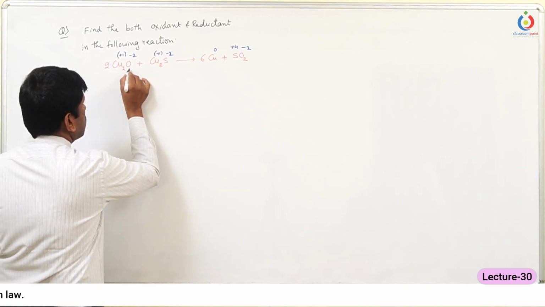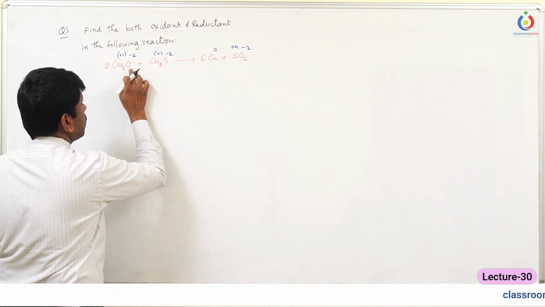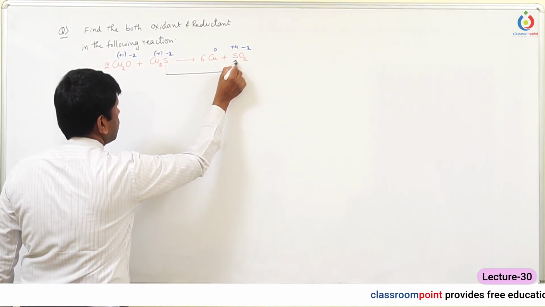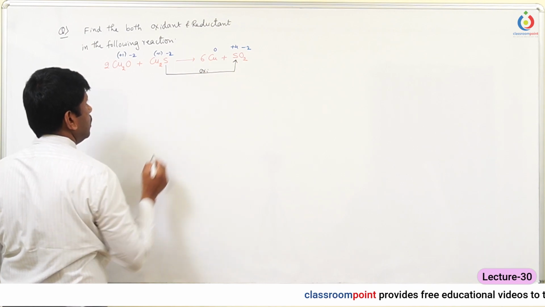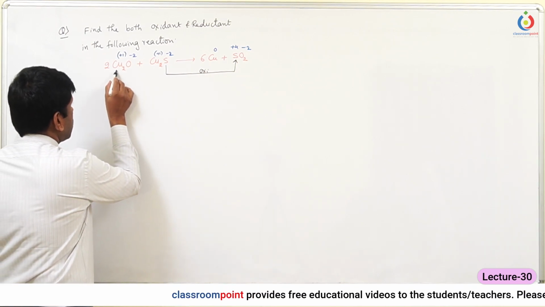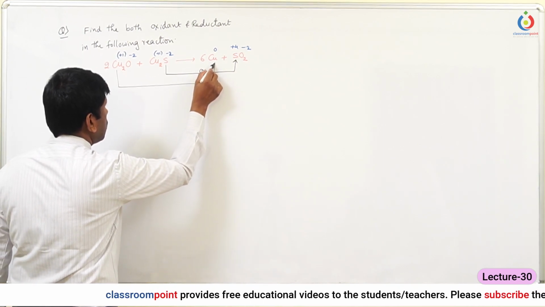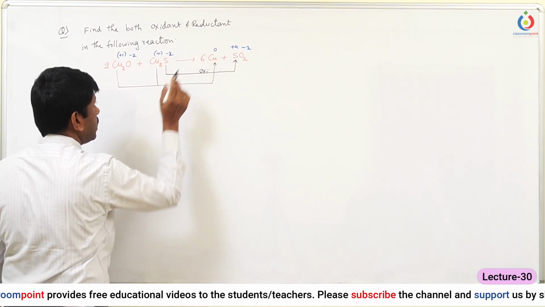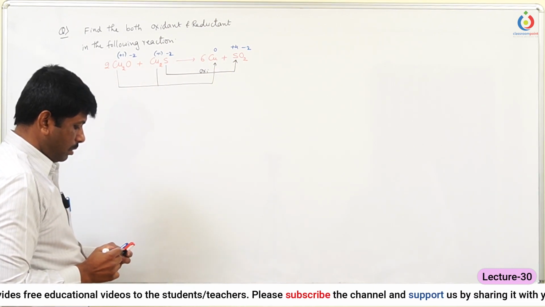See that the oxygen oxidation state has no change. But the sulfur oxidation state is increased. So sulfur participates in the oxidation process. Then in both cases, copper oxidation state is reduced to 0.